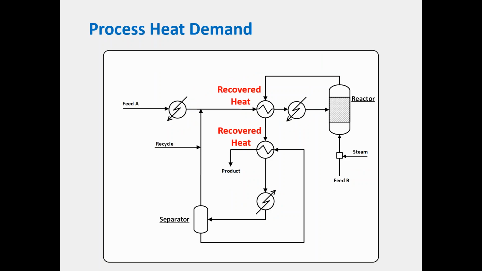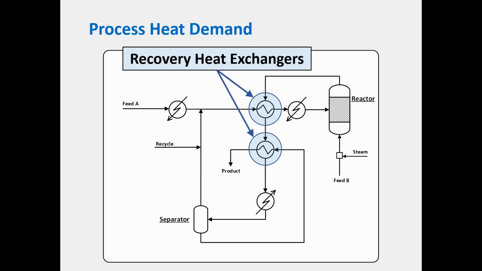These other two heat exchangers that we have in our process are actually recovering heat from one process stream to another process stream. Okay, so this is providing cooling to one process stream, which is heating another process stream. So we call these recovery heat exchangers because what we're doing is actually recovering heat from a process stream and supplying it to another.